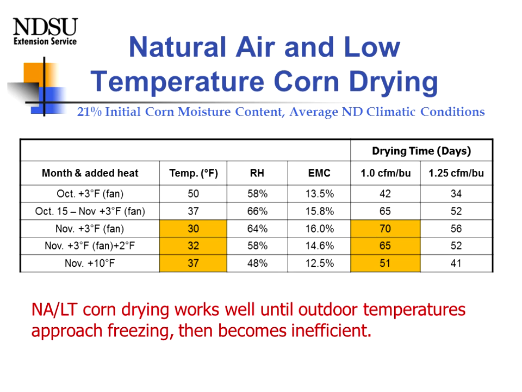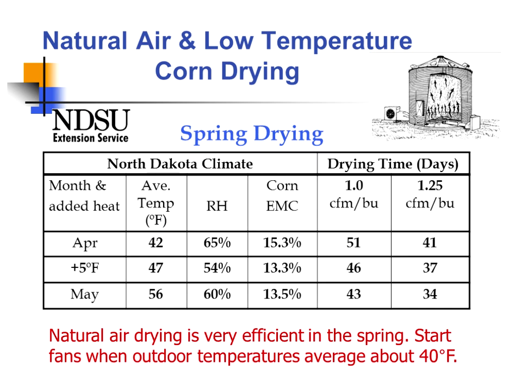So natural air low temperature drying works very well until we have temperatures that are dropping below about 40 degrees. As we start approaching freezing temperatures, natural air drying or low temperature drying just becomes inefficient. And so that's a critical point as people are making choices on which drying system to work with.